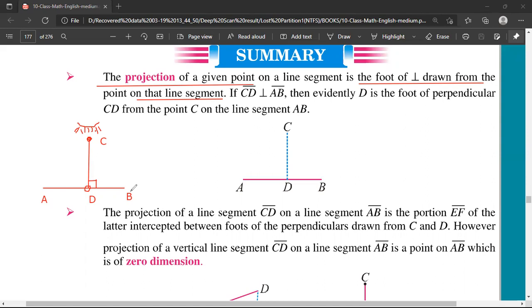It's very simple: if we move ahead and utilize the same concept in the further definition, instead of taking one point's projection, we will be using two points' projection, and then we will be able to get the projection of a line segment on another line segment. Like, look how to form it. First let me just clear it, and we move a little bit down.